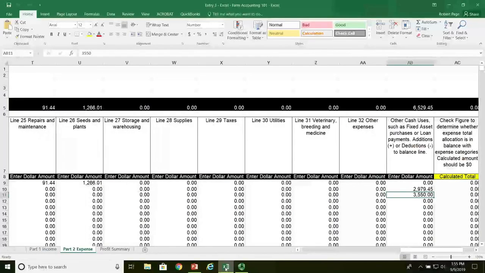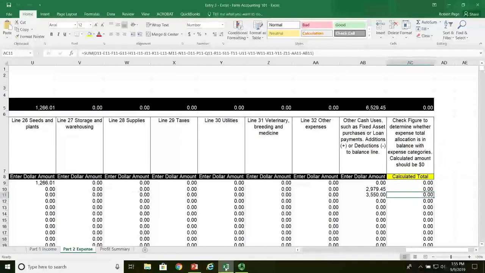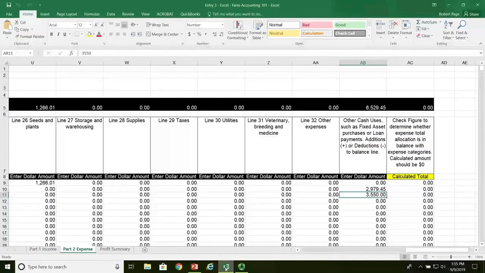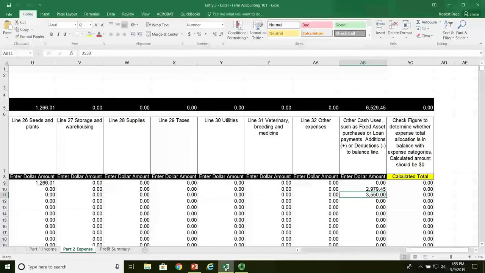There's the $3,550, which is listed under column AB. And this transaction is in balance. However, this is not the end of the story. Therefore, we have to look at the more complicated accounting transaction to realize this is all that we can enter on this Excel spreadsheet at this point in time.